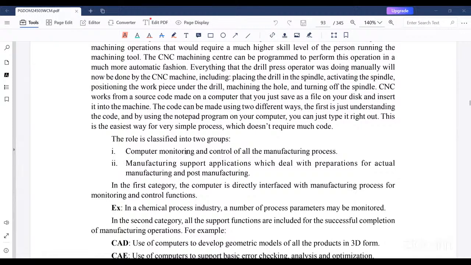One is computer monitoring and control of all the manufacturing processes. The other is manufacturing support applications, which deal with the preparation for actual manufacturing and post manufacturing.